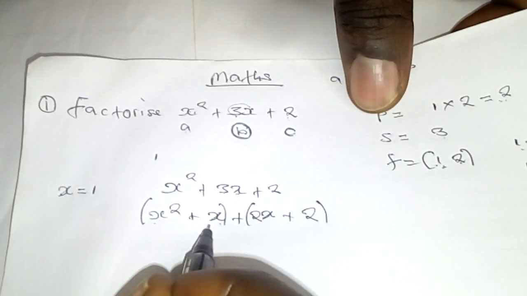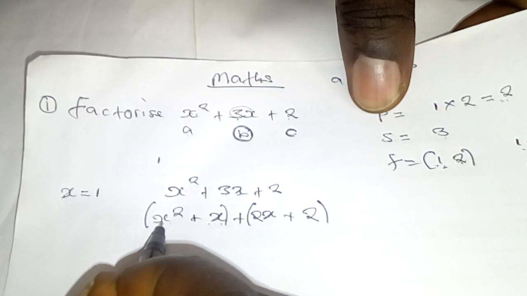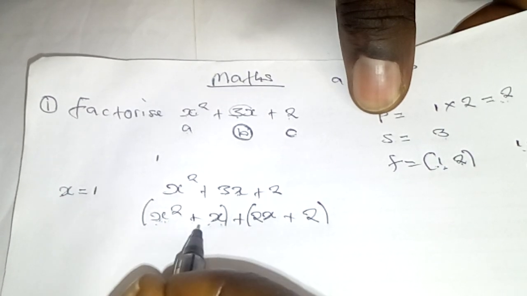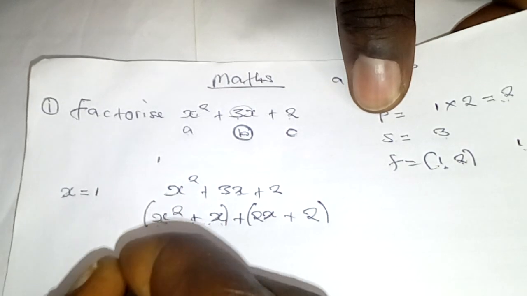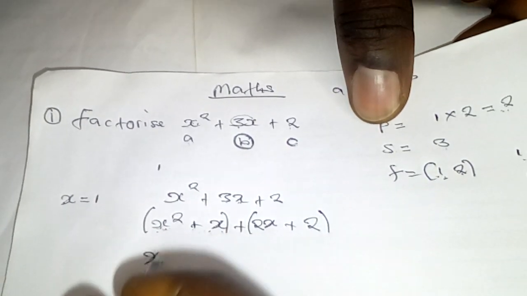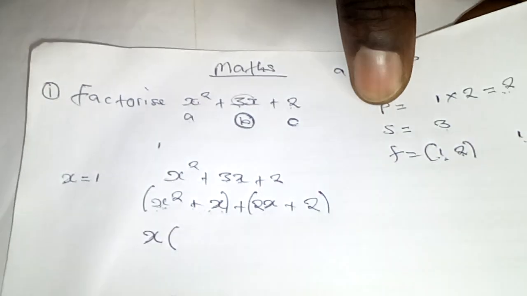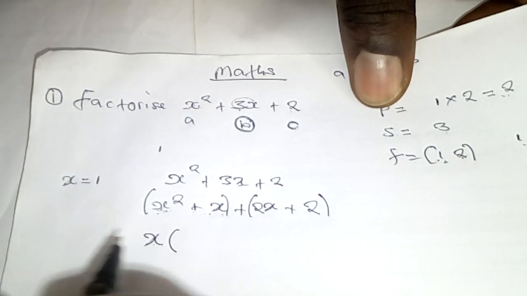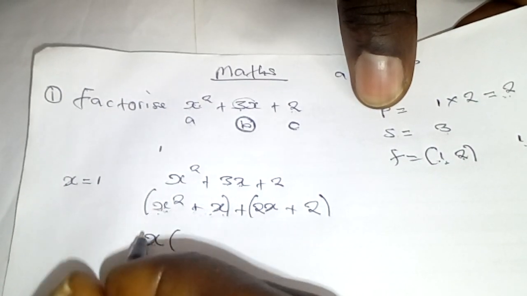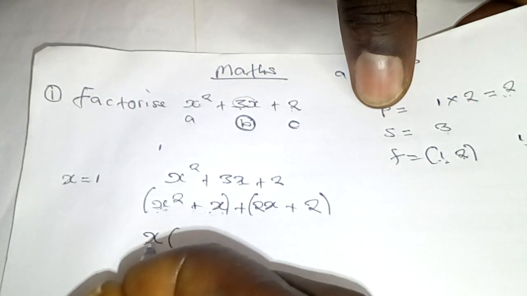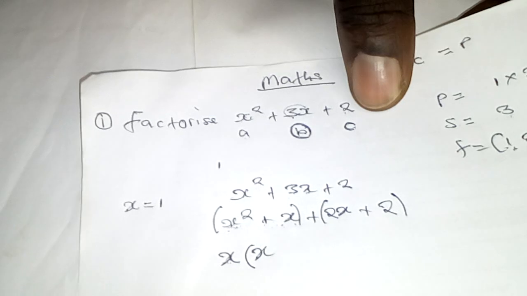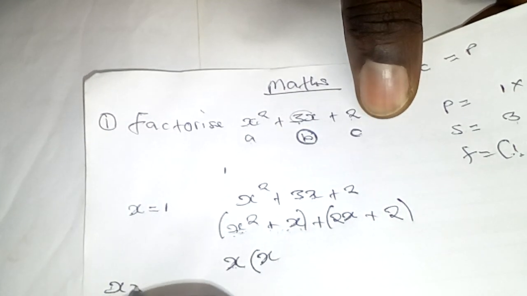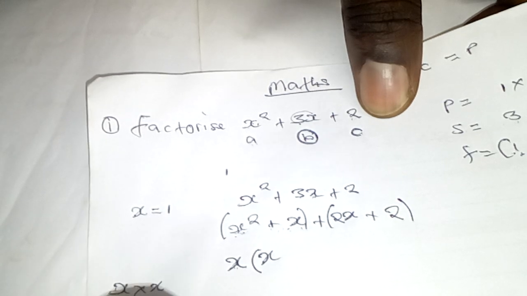From the first part here, what is common in x to the power 2 plus x? What is found on both sides? It is x here. If x is common, let's open the brackets here and begin to divide. So x into x squared, what is the answer here? It is x. Here we're dividing: x to the power 2, same as x times x, divided by x.